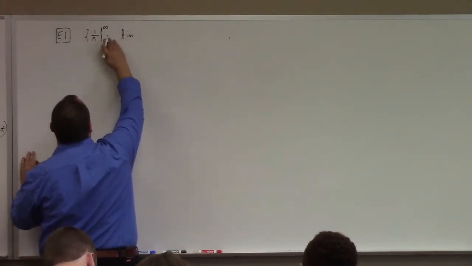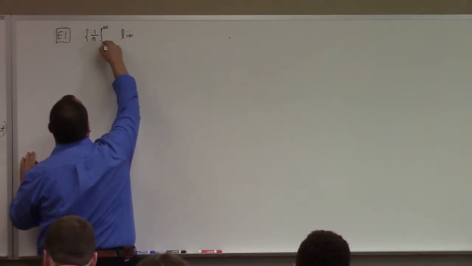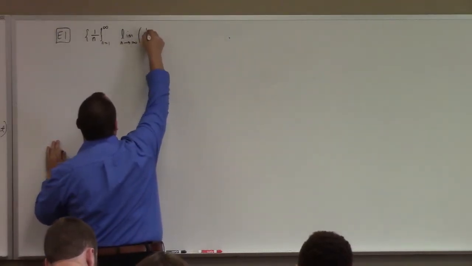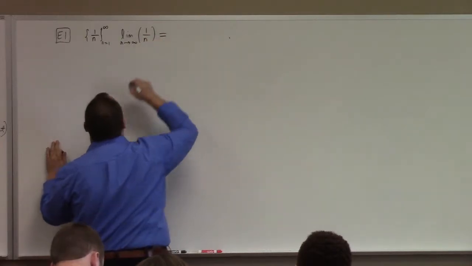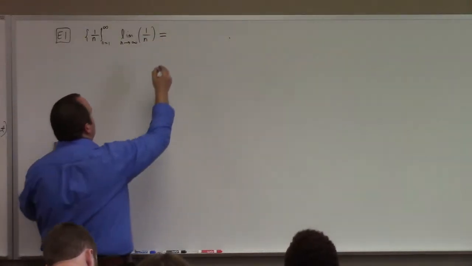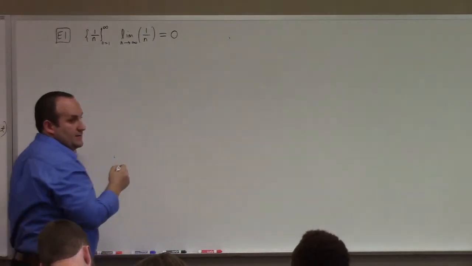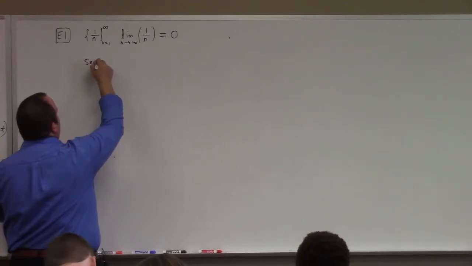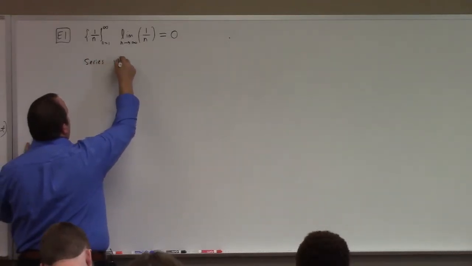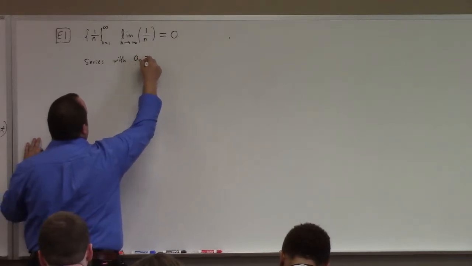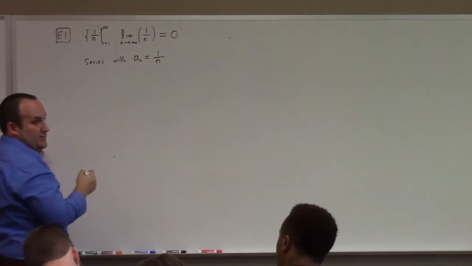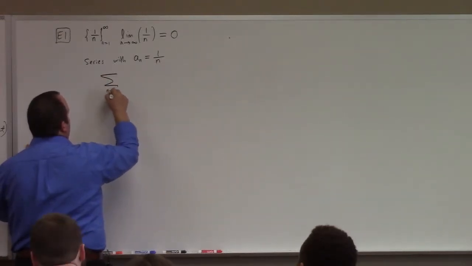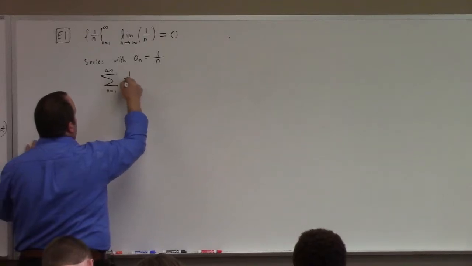It doesn't really matter, but 1 over n. Limit as n goes to infinity of 1 over n equals what? 0. Now, in contrast, if I look at the series with, say, a sub n equals 1 over n, in other words, I look at the sum n equals 1 to infinity of 1 over n.